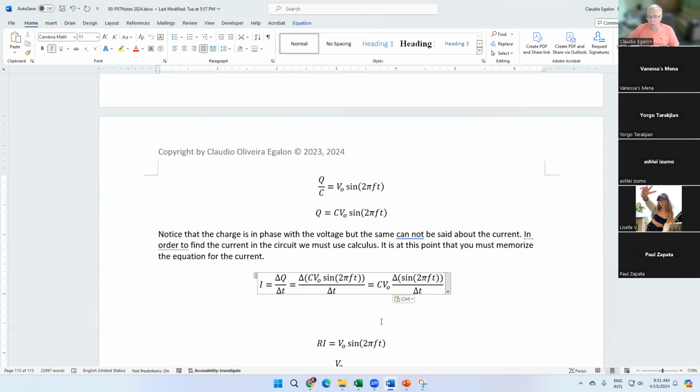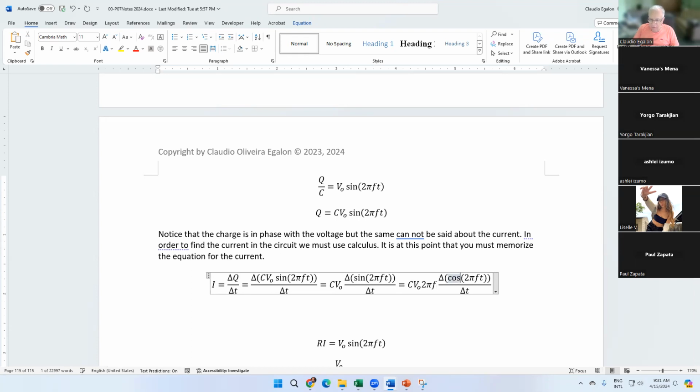If you apply calculus to that, you're going to get the term 2 pi f times cosine of theta. That's the part that you must memorize.